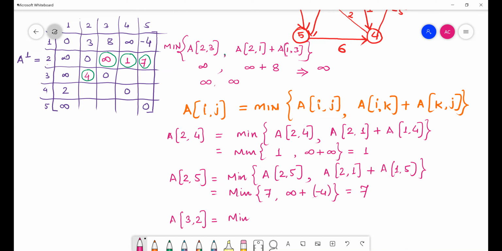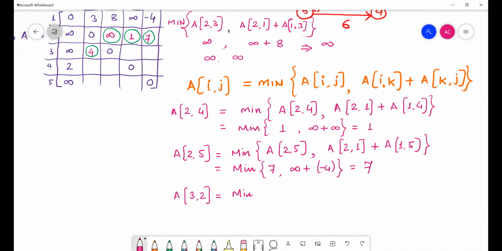Getting, sir. Do you want me to solve this completely now, or are you getting it? 3 to 2. Sir, can you show the above matrix, the one which you made previously? Yeah.